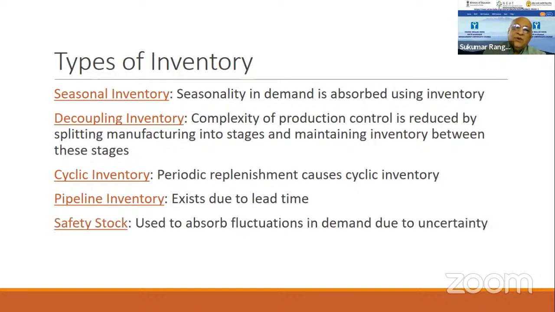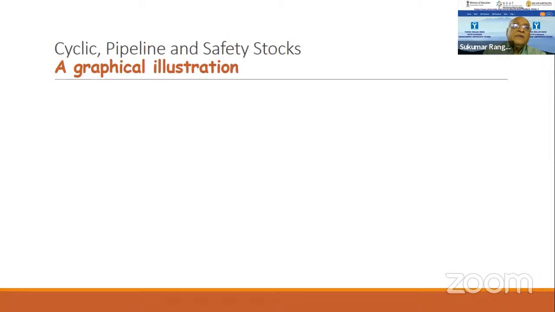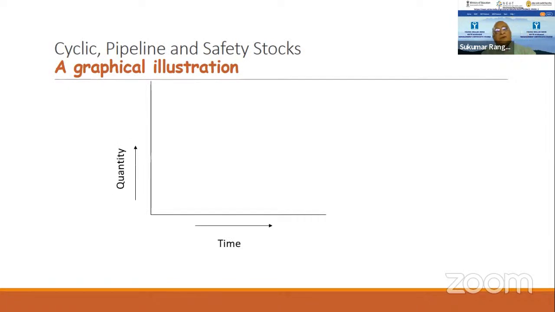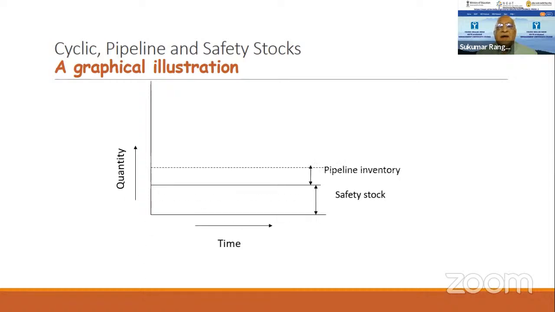Safety stocks are used to absorb fluctuations in demand. Now, this is a typical example of time versus quantity. There is a safety stock which is kept to take care of unforeseen circumstances which can happen. Then there is a pipeline inventory, which is yet to be received at your premises.